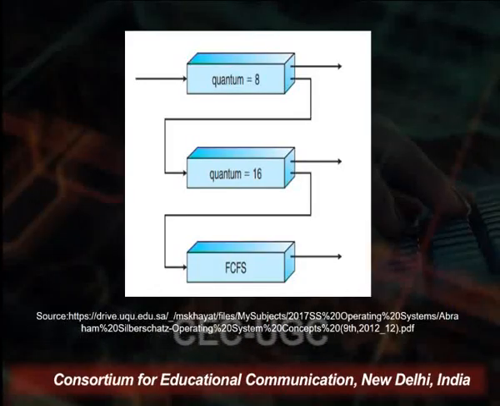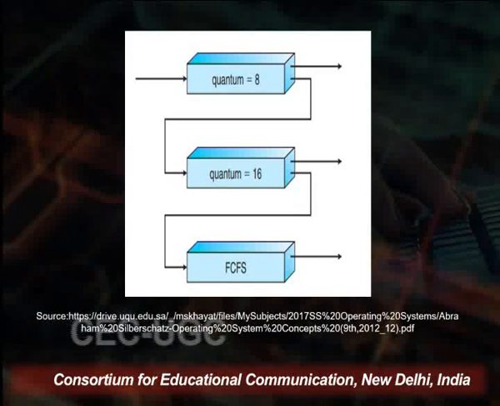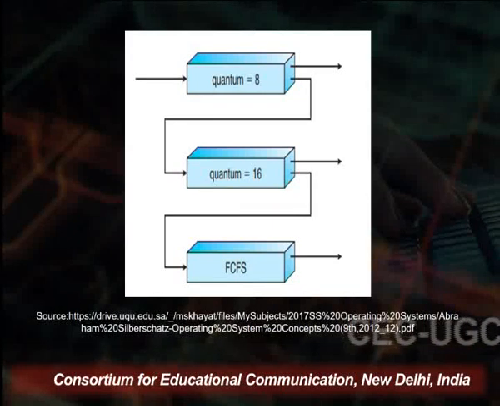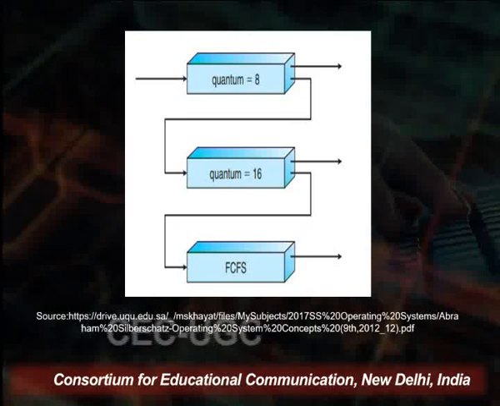Let us try to understand multi-level feedback queue scheduling in detail. Let's say we have 3 queues. Once a job is taken from the ready queue, a time quantum of 8 milliseconds has been decided by the operating system, and it's a policy decision.